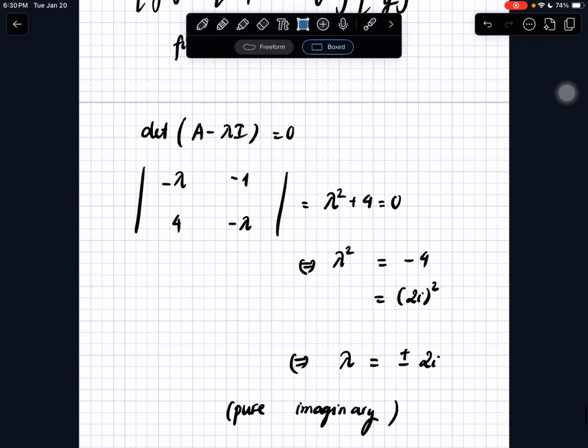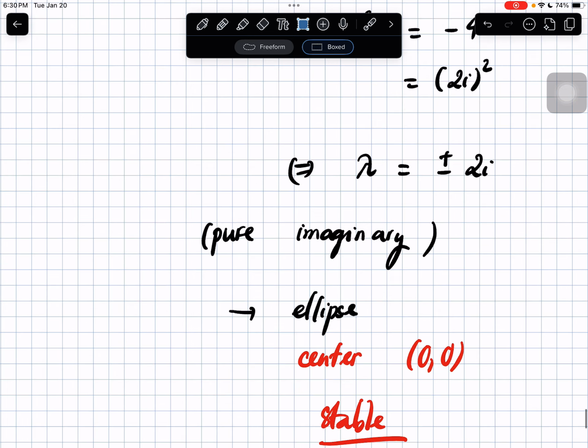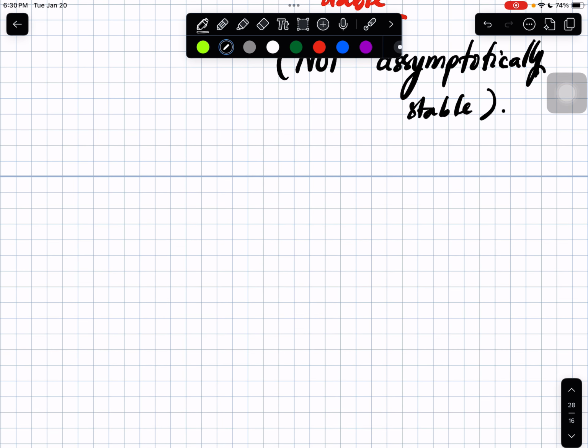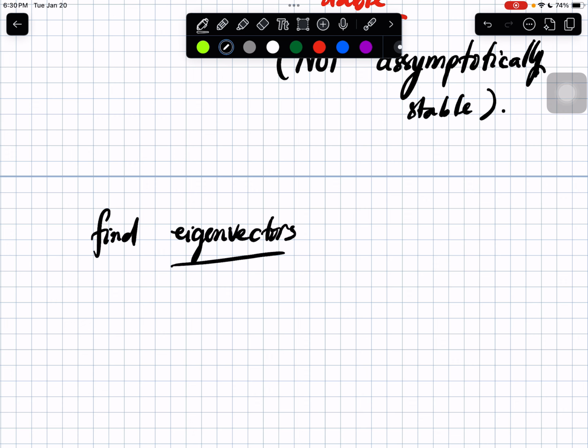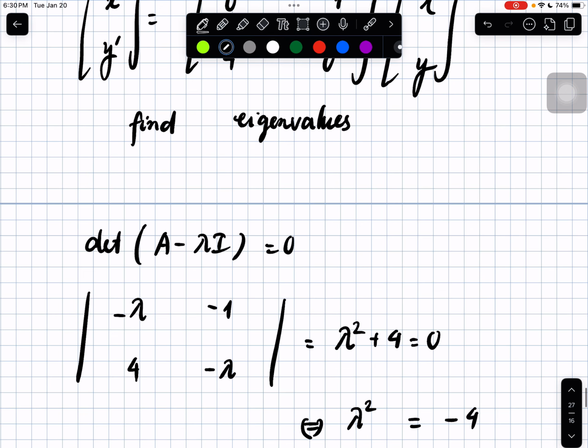If we want to show that, let's show it. Lambda equal to 2i. Try to find the eigenvectors.